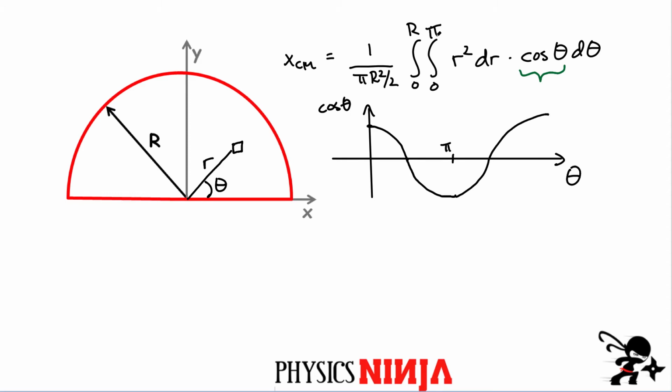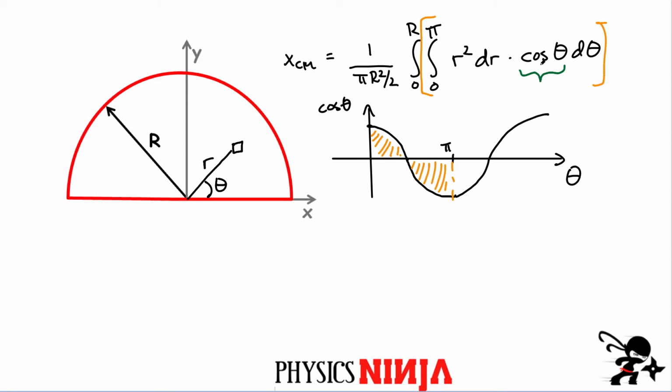But actually, with this first integral right here, combined with the cos theta over here, I'm only integrating the cos up to here. And that means that all I'm doing is simply adding this area to this area right here. But this area over here has to cancel this one over here.